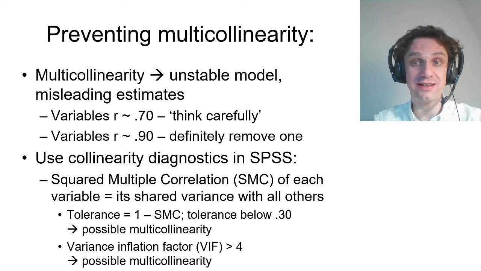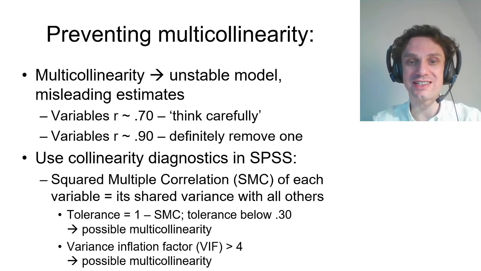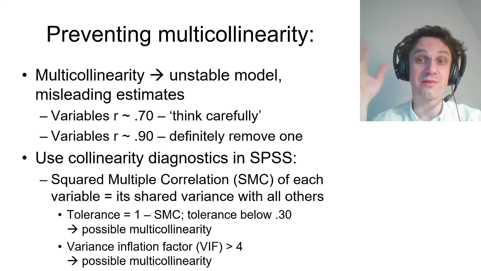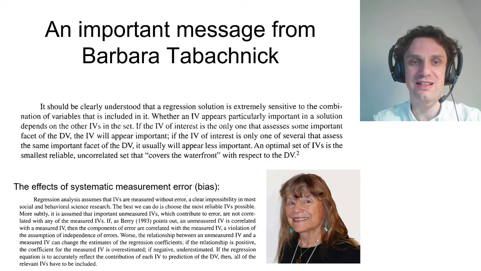And another statistic which serves the same purpose is called variance inflation factor, but it's basically an inverse of tolerance. So if variance inflation factor is very large, like 4 or above, also this suggests possible multicollinearity, but normally just one of them is enough because they give the same information.